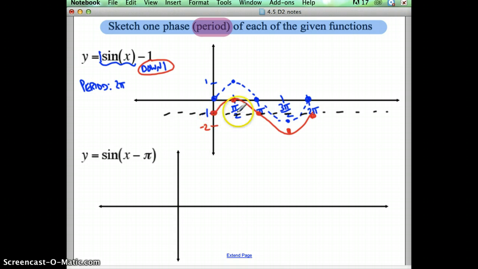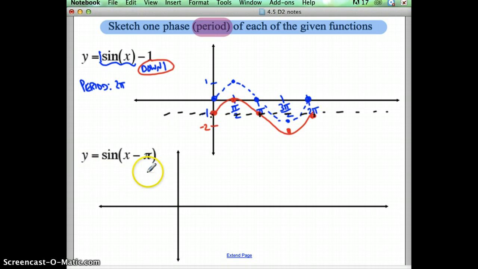Do you see how these 3 dots are on that imaginary horizontal line? That's something I'm going to check for when I'm looking at your graphs. On a sine graph, these 3 dots should be on a horizontal line. And wherever that horizontal line is, that's indicating where it shifted, up or down.